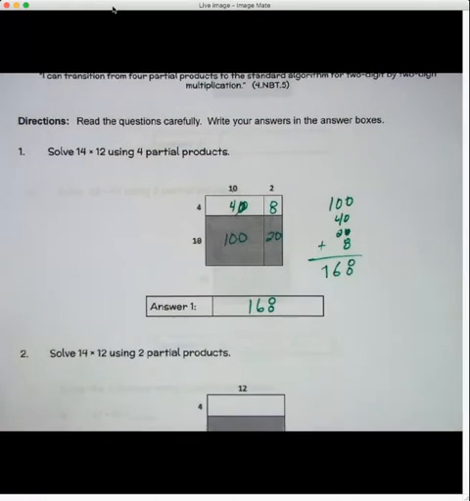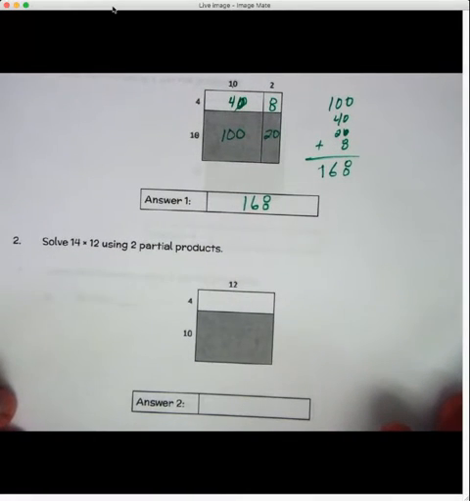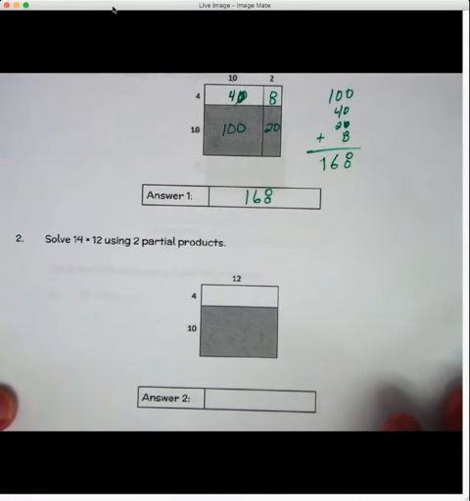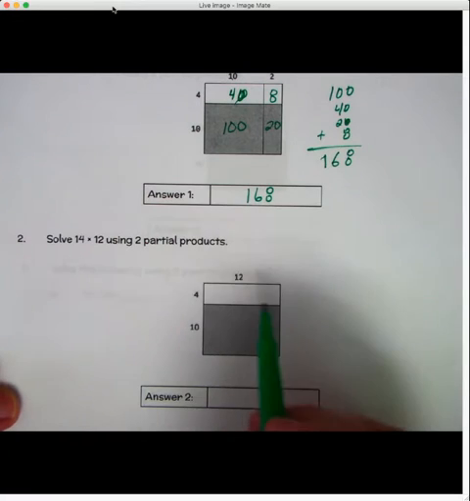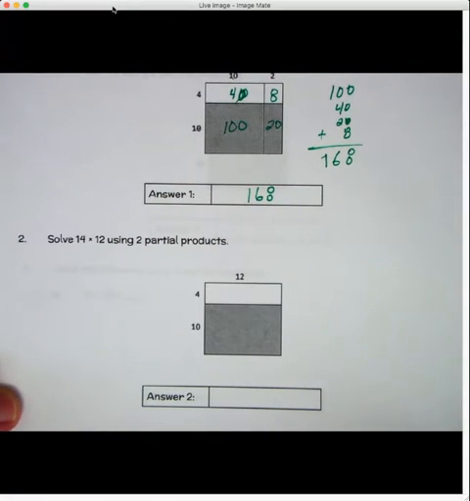So I just want you to use the area model again today. We're not going to worry about drawing it out like he did. It's just so confusing to do it that way. And this actually shows the same thing. Now on your homework, this second one though, number 2, it's got 2 boxes. So what it's doing is not breaking apart the 12 into a 10 and a 2. That's okay.